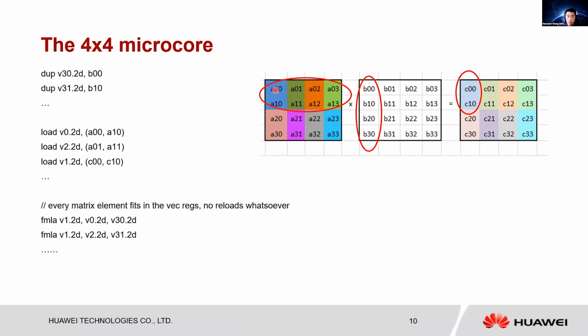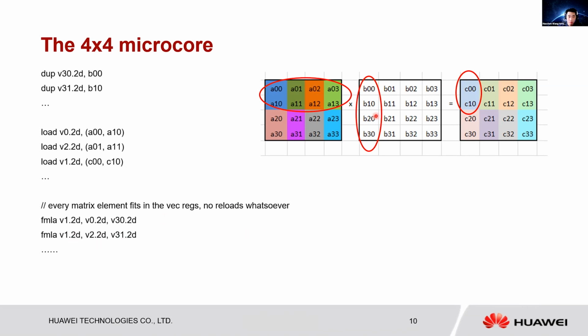We multiply them, so both A00 and A10 are multiplied with B00, which is what this inner product is supposed to do. And we just simply add it to V10, which holds the resultant C00, C10 in the resultant matrix. And then after this FMLA, we just advance to the next multiply add.